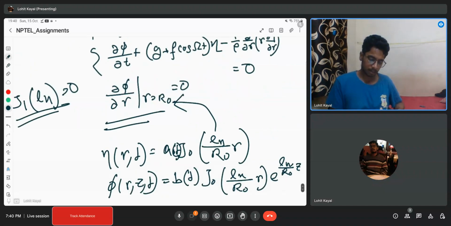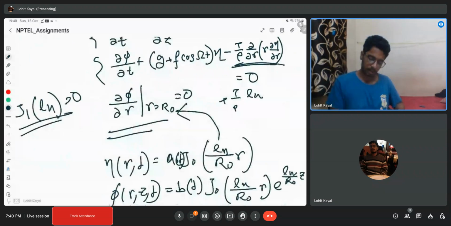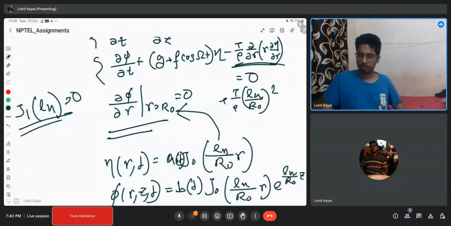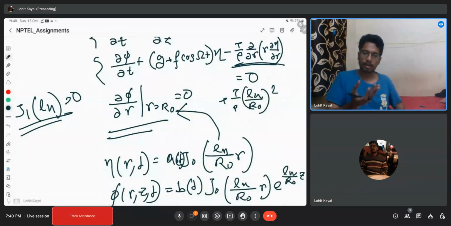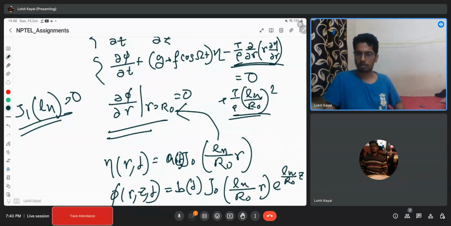But the final result, if you substitute it, you will just get T by rho times (l_n / r naught) whole square into a. In the last case, you were getting (n pi / l) whole square. Here you will get (l_n / r naught) whole square.